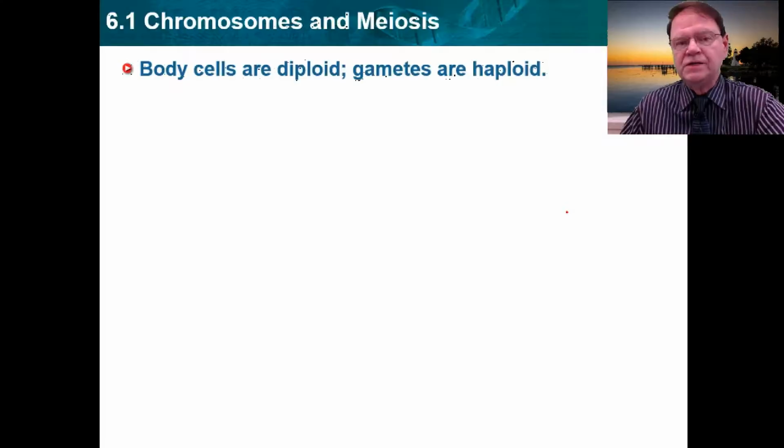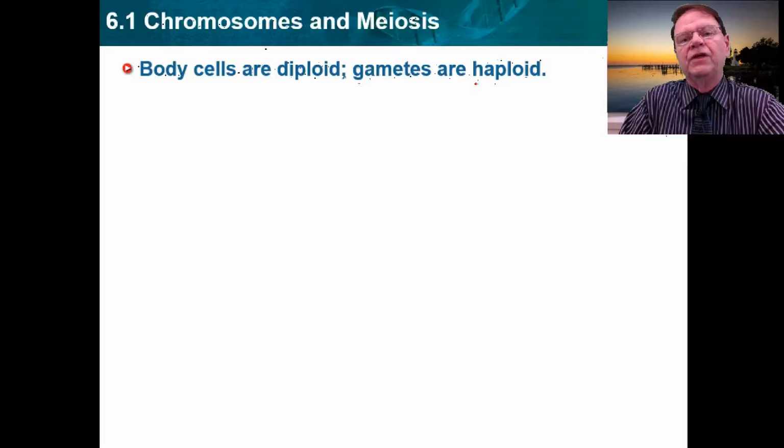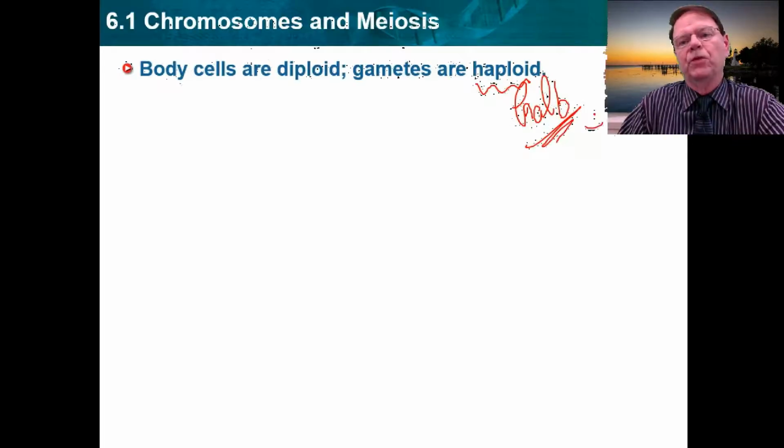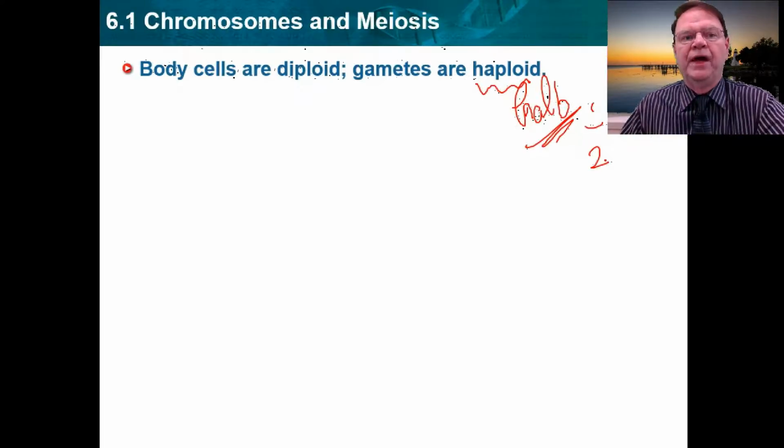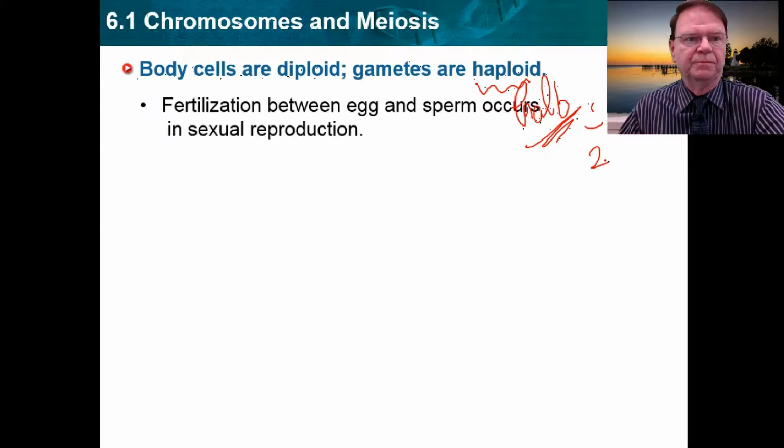Body cells have a full set of these chromosomes, which are referred to as diploid. Gametes, on the other hand, are haploid. Haploid means half. They have half the genetic information that the diploid body cells have.